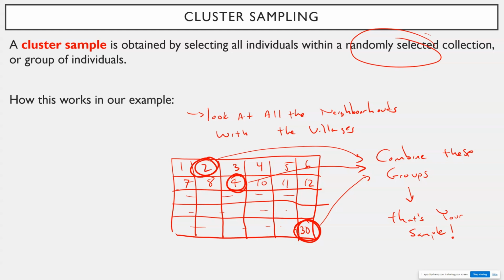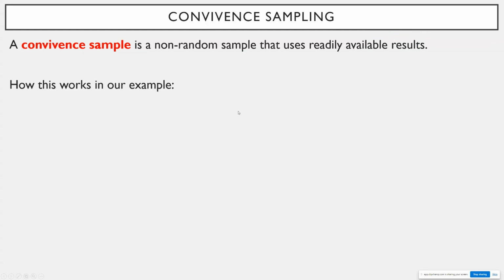The last type of sampling method introduces what's called bias in your results, and you have to pay attention, especially when you see this in the news media or in your daily life. When this type of sample is collected, it's not really a great one. A convenience sample is a non-random sample that uses readily available results. When there's no random element to it, it's not a great sample.